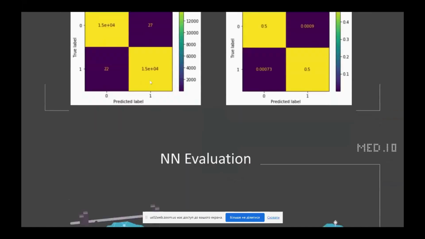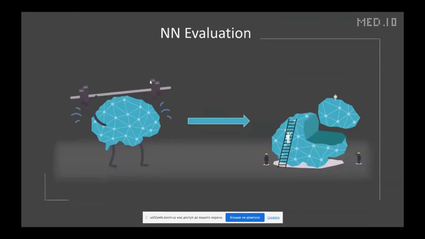Machine learning training and testing model. After completing the process of preparing the data and analyzing it, we proceed with the creation and training of the neural network.